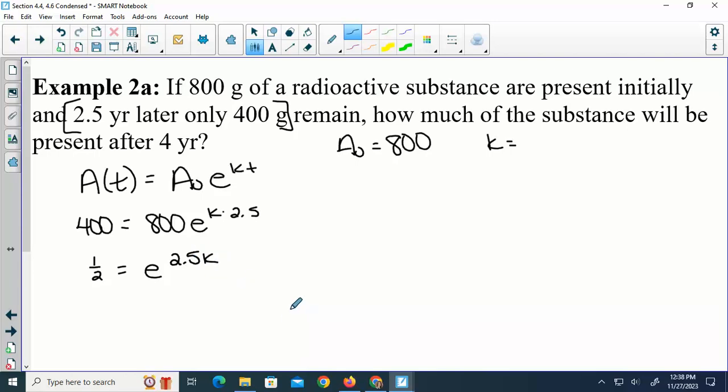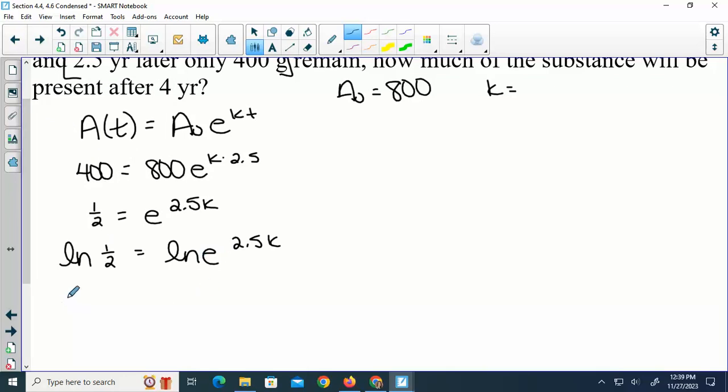And our whole goal here is to find that k value. What would we do now? With the natural log. What happens when you have a natural log and an e?